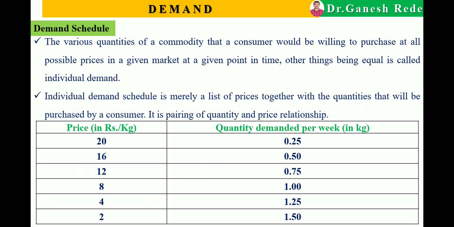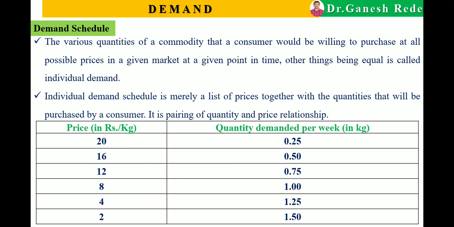When the price is 20, the quantity demanded is very low, 0.25. When the price falls from 20 to 16, the quantity increases from 0.25 to 0.50. Then the price falls from 16 to 12, and quantity increases from 0.50 to 0.75.